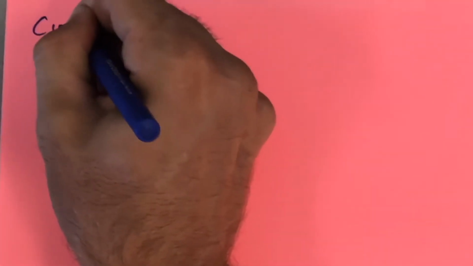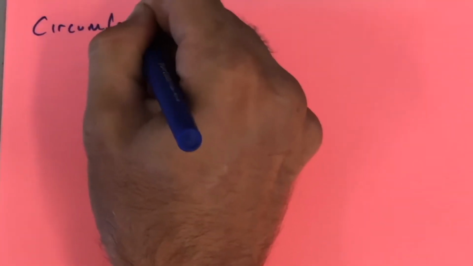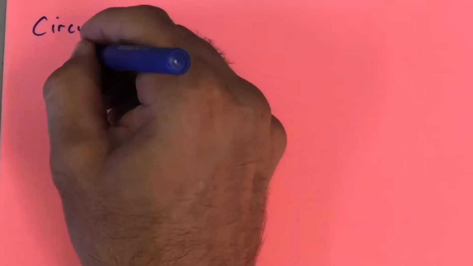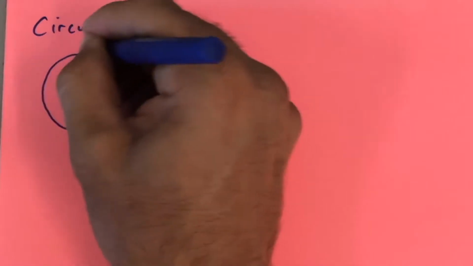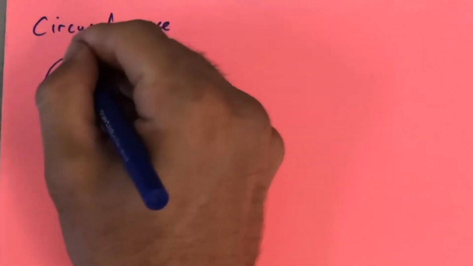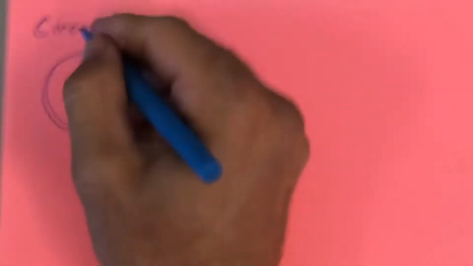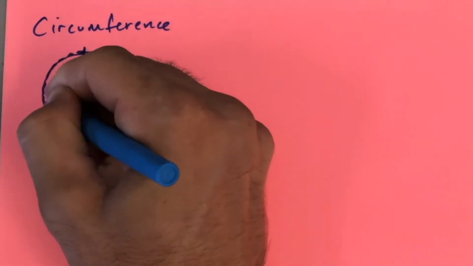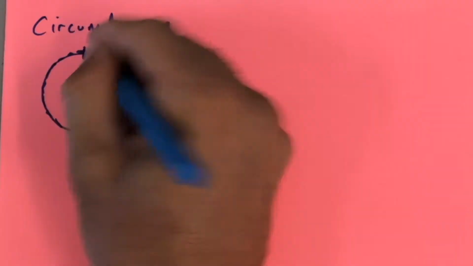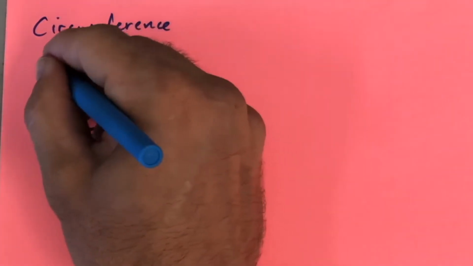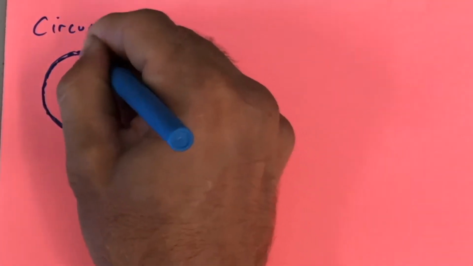So let's first take a look at circumference, and a couple different ways that it may be presented to you. What is circumference? Circumference is basically the measure if you started at one point of the circle and traveled all the way around, basically the perimeter of the circle.